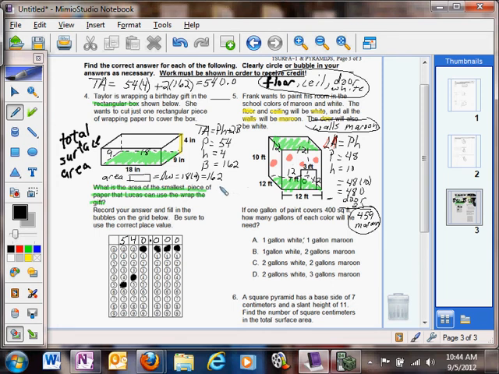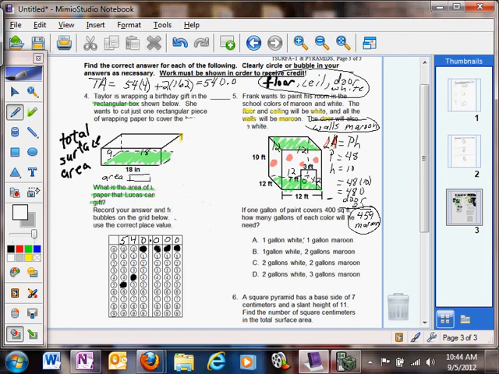So the area of the ceiling is going to be 144. The area of the floor is going to be 144.